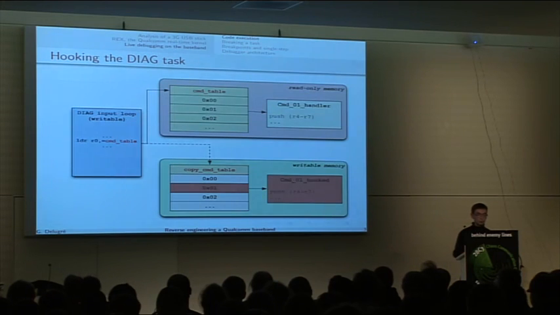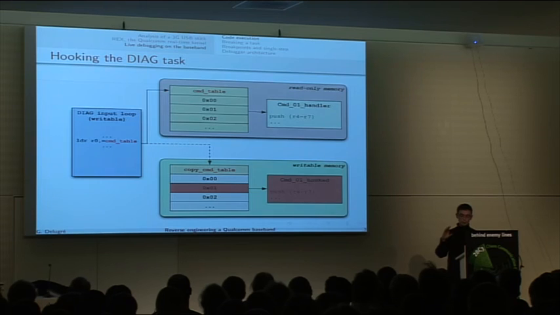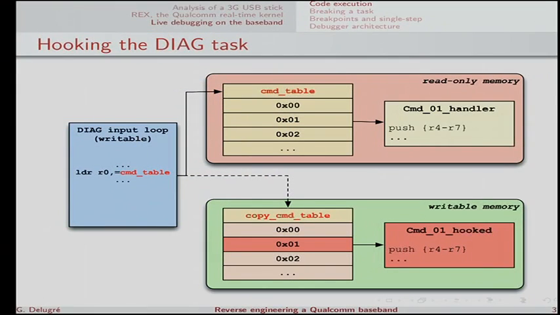It's possible to quickly get code execution because actually only the first 12 megabytes of memory are marked as read-only in the page table, but the code section of the binary is 16 megabytes long, so there are like 4 megabytes which are writable, and luckily the diagnostic loop handling commands is in this range.